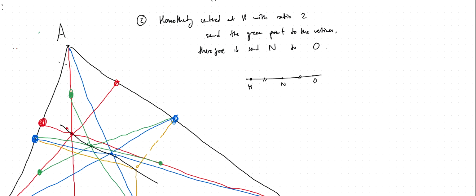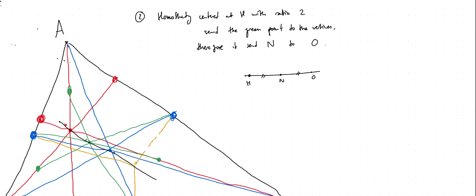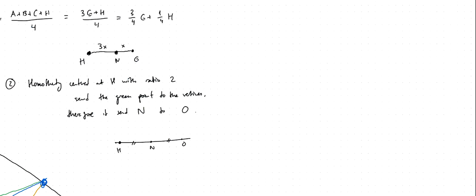So together the conclusion is they are always situated like this: H, N, G, O. Let's call this 2x, this is x, this is 3x. So HG is 2 times GO.